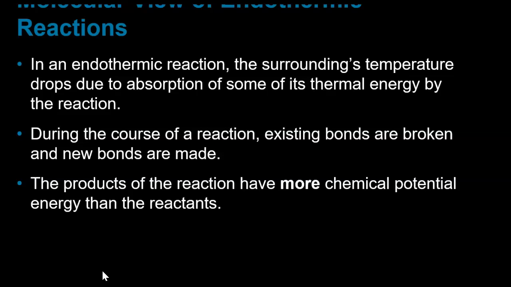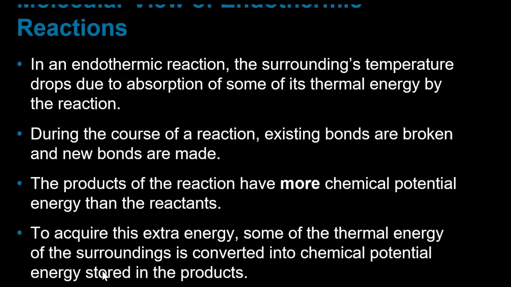So be sure you see the difference there. Now the products have more potential; they've gained chemical potential energy. To acquire this extra energy, they take some of the thermal energy from the surroundings, which is converted into chemical potential energy and stored in the products.